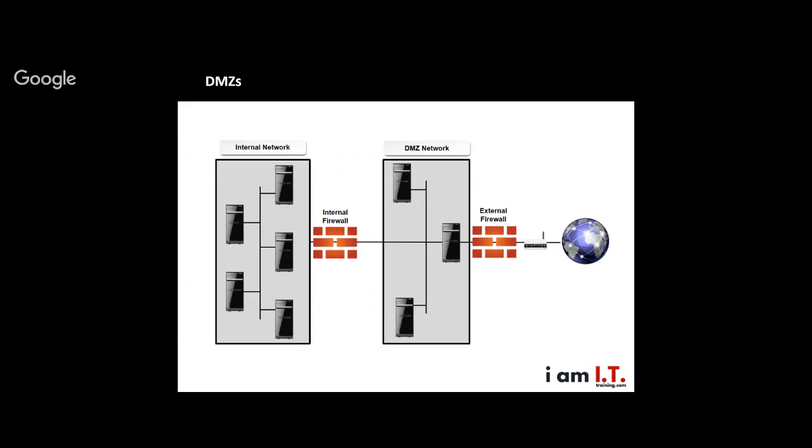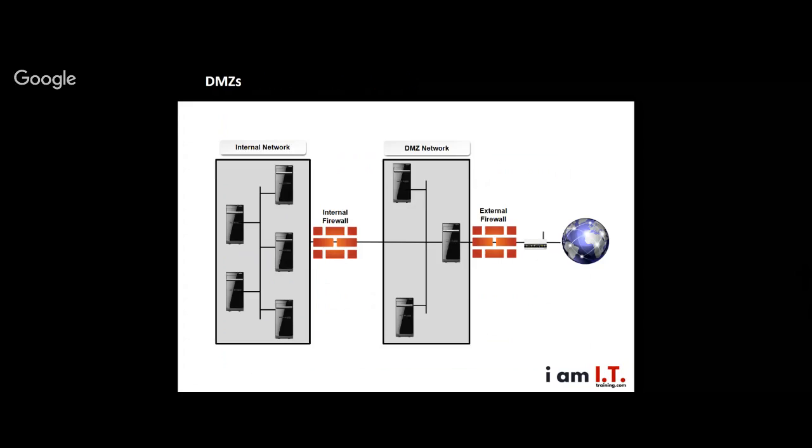So it lets external clients access data on a private system, maybe something on a web server, or if they need access to a printer from outside of the network, but it doesn't allow them to compromise the security of the internal network as a whole. So what this means is we're layering. The external firewall lets public clients access a specific service, and then the internal firewall doesn't let them touch anything on the inside of the network.